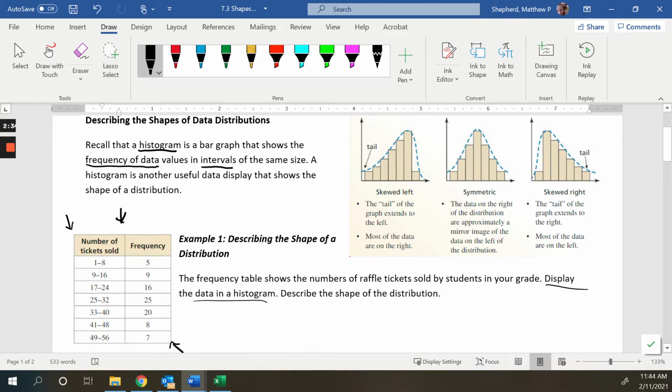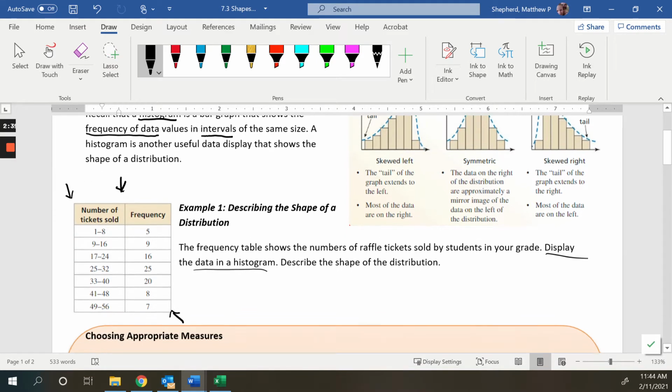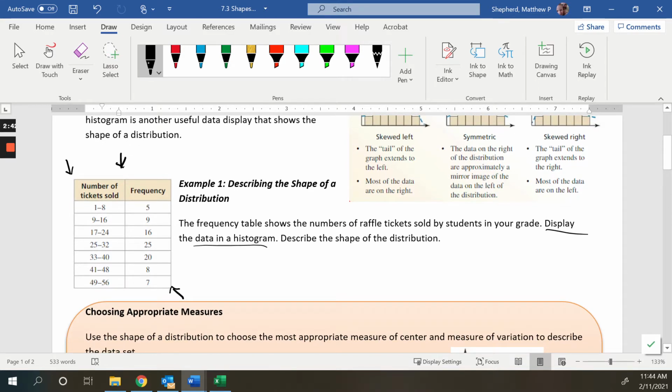Now, the shapes are up here. And we'll talk a bit about those more after we get our histogram made. First, the histogram is going to come down like this. I want to make sure that the top of my histogram matches about my biggest number, which in this case is a 25. So I'm going to have this count by 5s. So there's 20, 15, 10, and 5. So good.